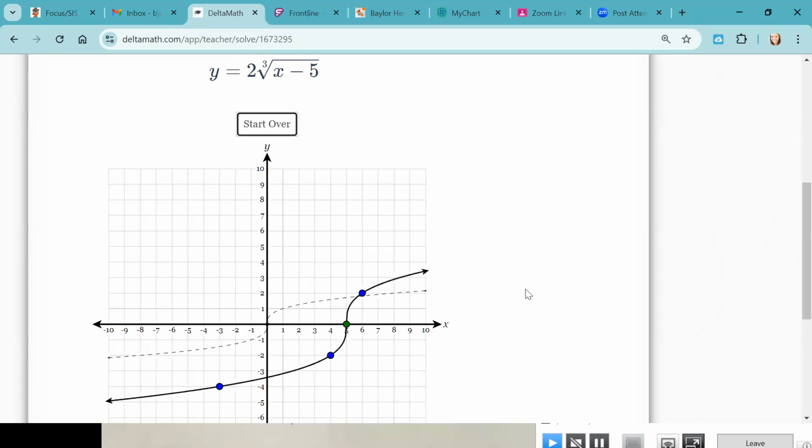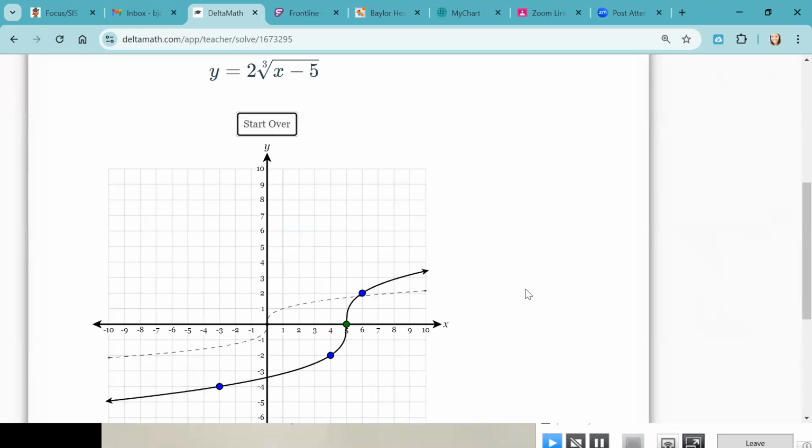Okay, so how low does it go? The low side, yeah.